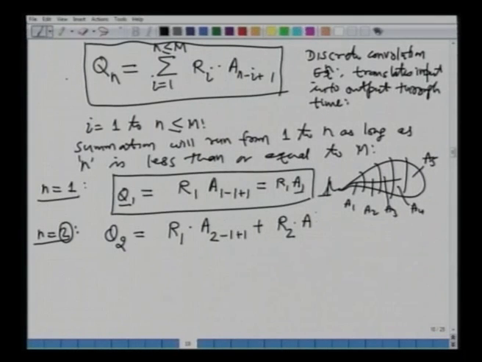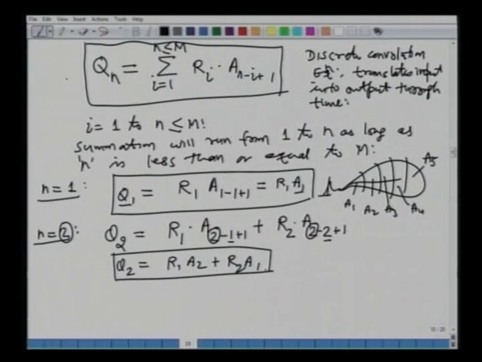So, we have not changed n. So, this is 2 minus 2 plus 1. So, i is 1 here and 2 here, but n is constant. So, that means your q2 would be equal to R1 A2 plus R2 A1. Does that make sense?